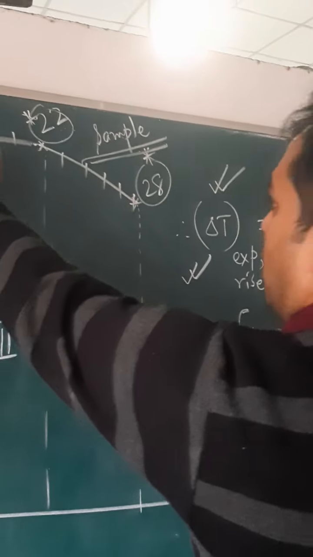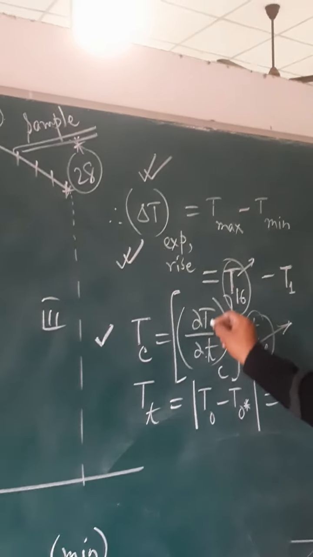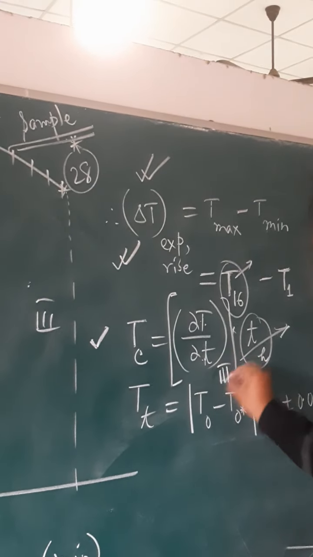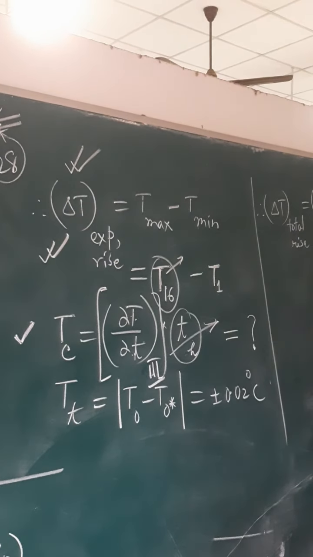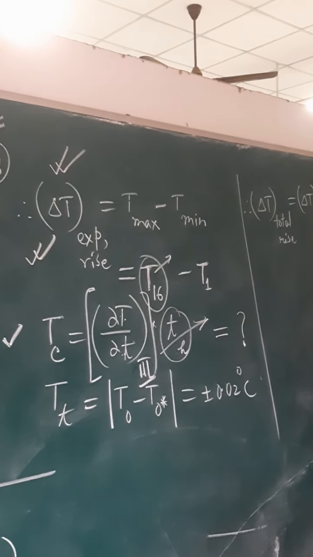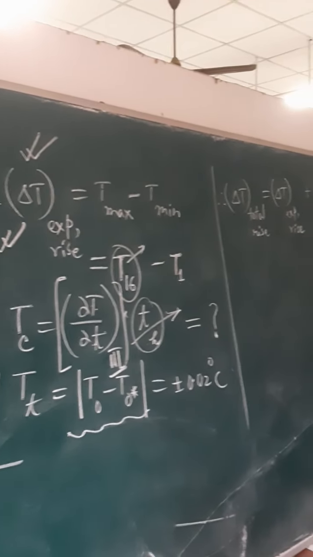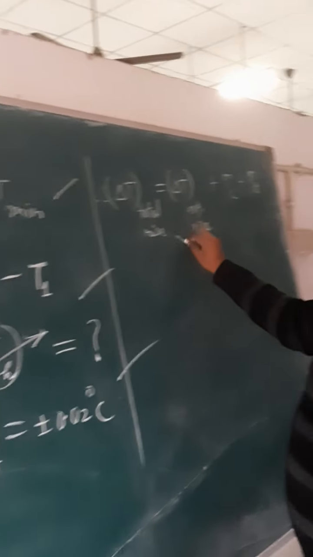If it is 13, then TH is 13 because it is in minutes. So the cooling rate in the third zone, the cooling phase, into the time of heating will give you the cooling correction. And this is the thermometer correction, which is due to the thermometer error. If you add these three, you will find the total rise.